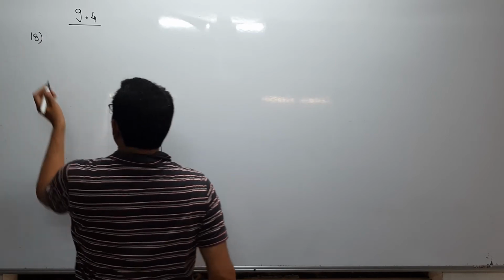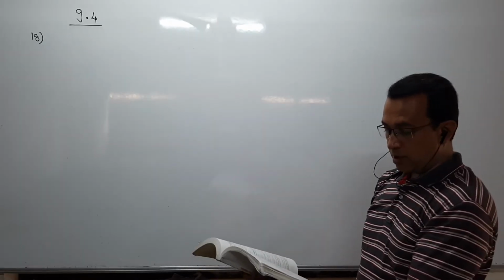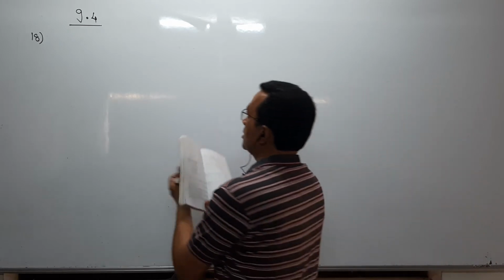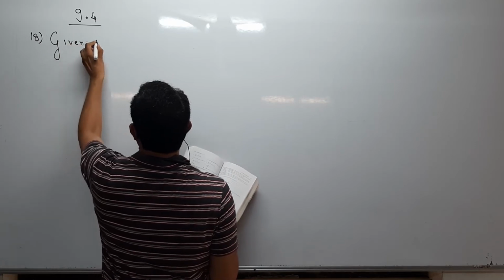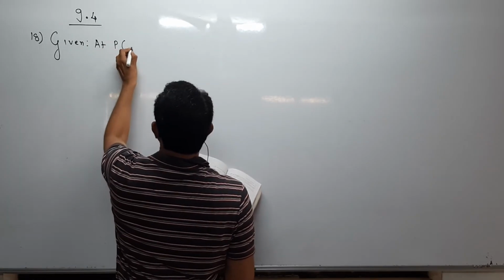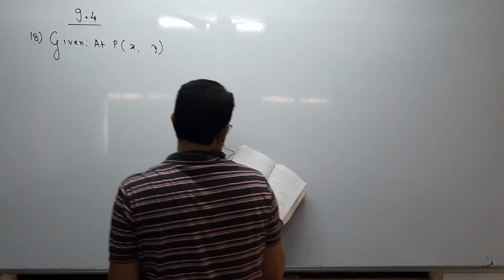Say what is given: at any point P(x, y) of a curve, the slope of tangent is twice the slope of the line segment.